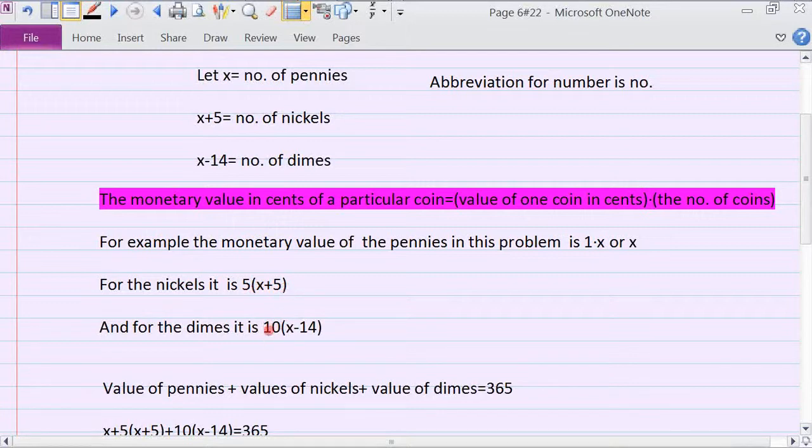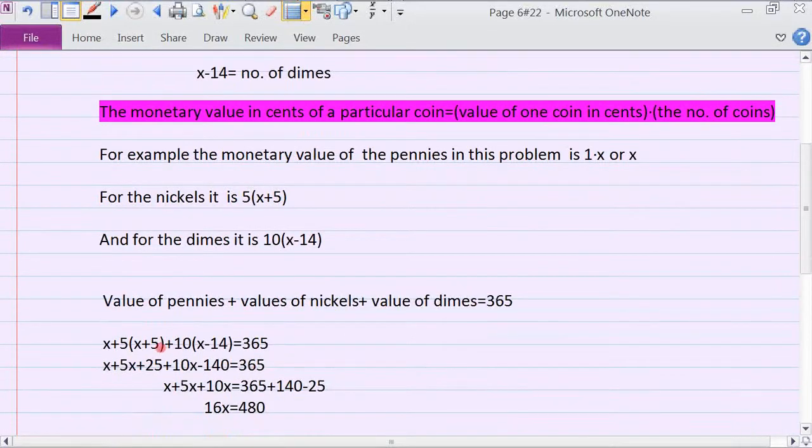And in the case of the dime, each dime is worth 10 cents, so I multiply the monetary value times the number of coins, which is X minus 14, and that gives you the monetary value of the dimes. Now, I want the value of the pennies plus the value of the nickels plus the value of the dimes. That's what I need, and I know that equals 365 cents, or $3.65.